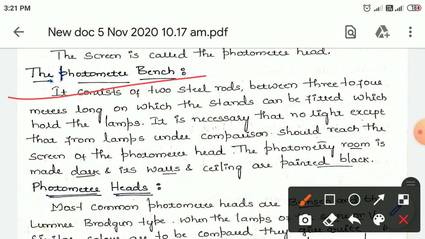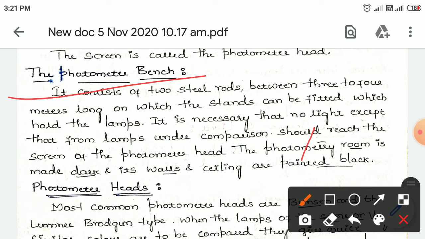One of the steel rods carries a brass strip with a graduated scale in millimeters, which indicates the distance between the lamp and the screen.